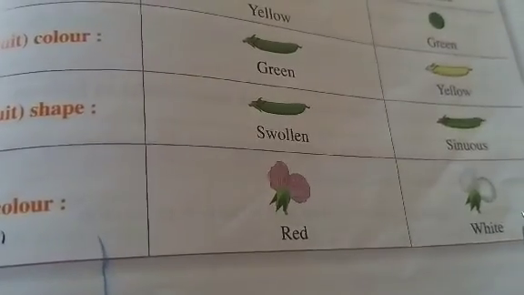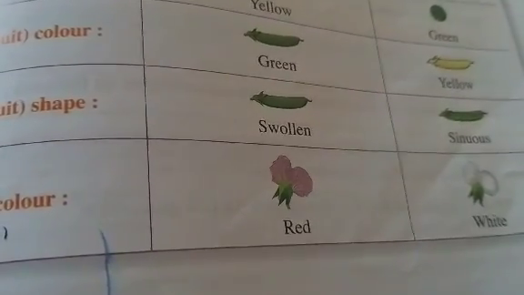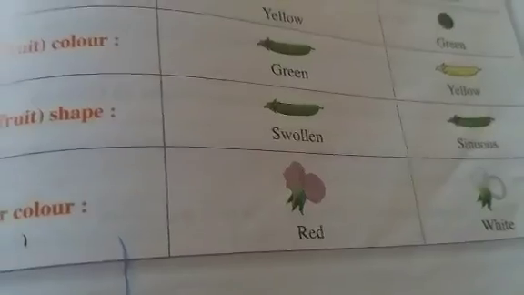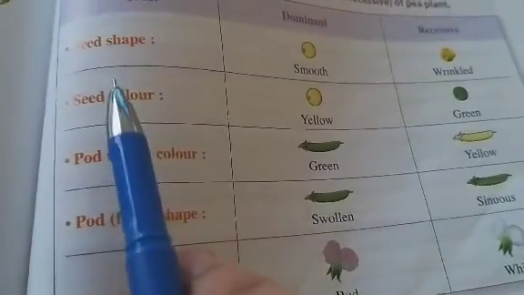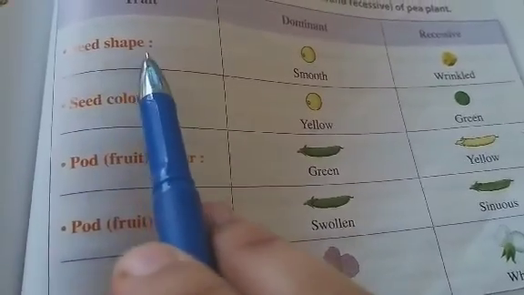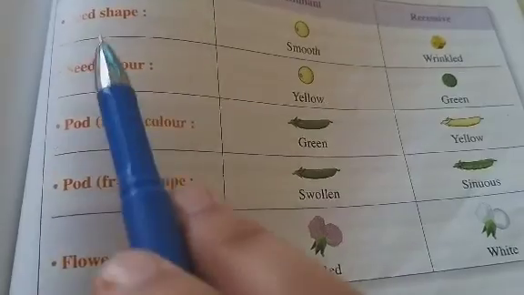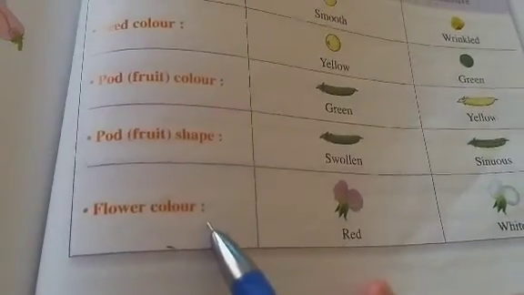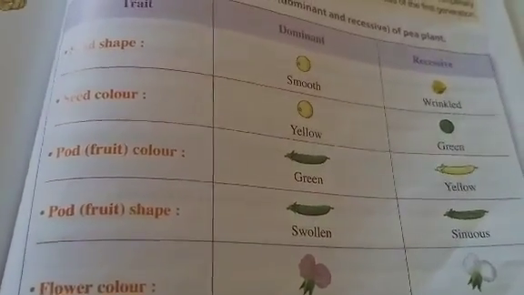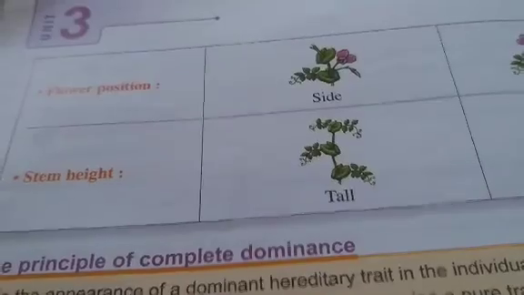So he chose 7 main traits to perform his experiment. What are they? Again, seed shape, seed color. So about seed, shape and color. About pod, color and shape, the same thing for seed and pod. Flower color, the last one.